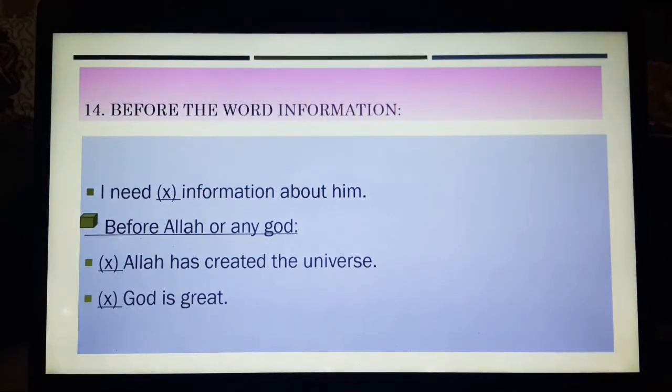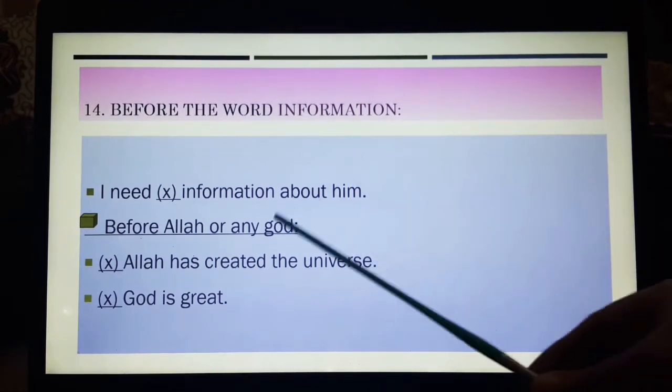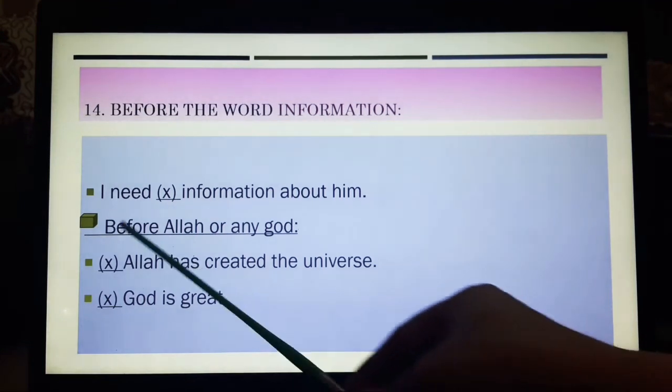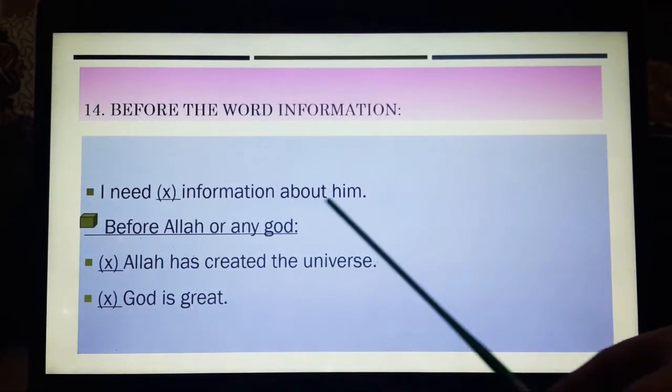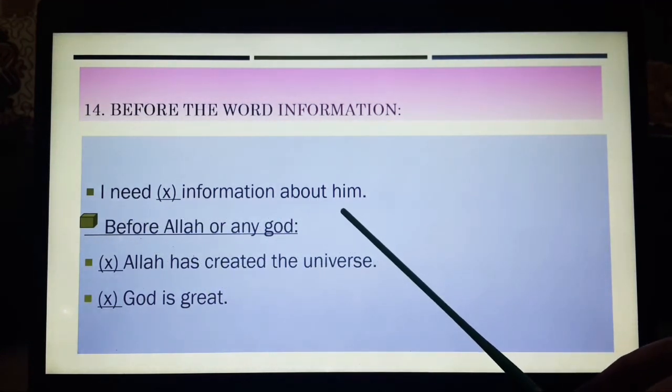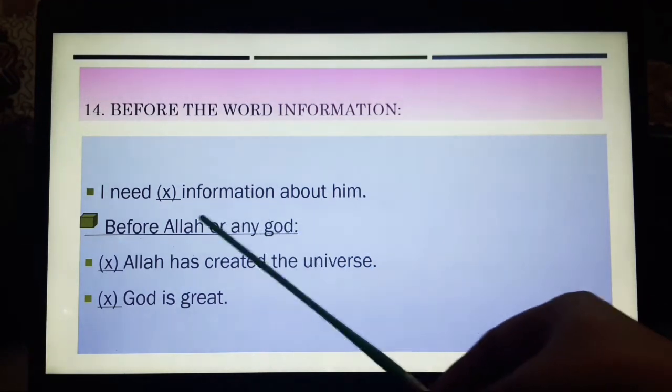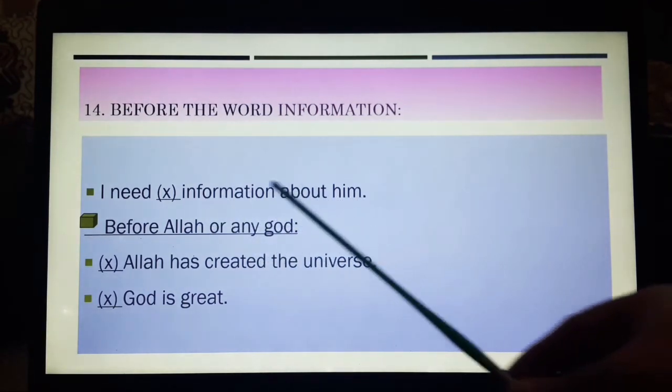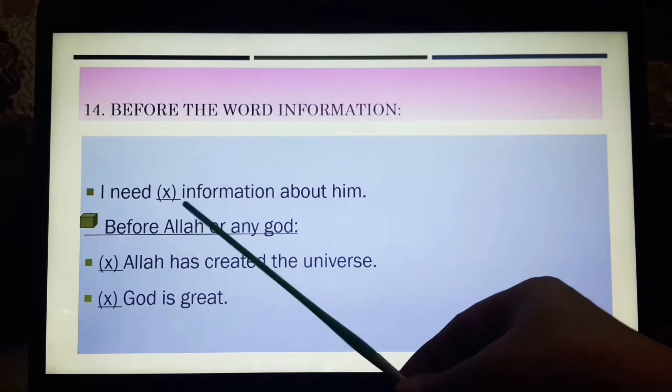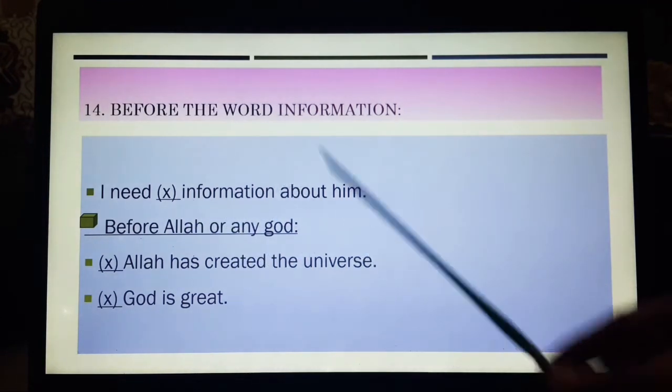The next rule is about the word information. It is an uncountable noun, so we do not use any article before it. I need information about him. We do not say I need the information about him or I need an information about him.